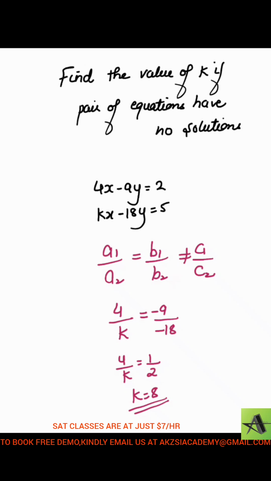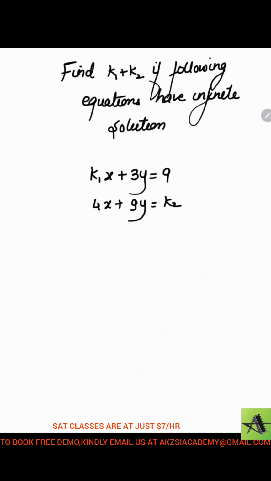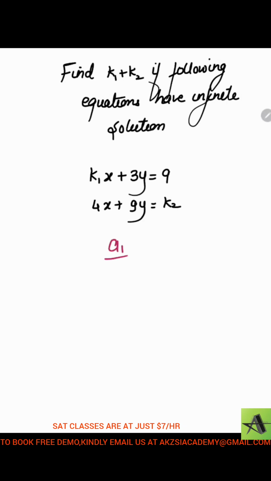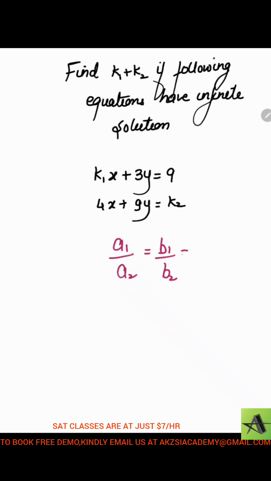Now moving on to our third and last question. Find k1 plus k2 in the following equations if the following equations have infinite solutions. The condition for infinite solutions, we know, is a1 over a2 equals b1 over b2 equals c1 over c2.